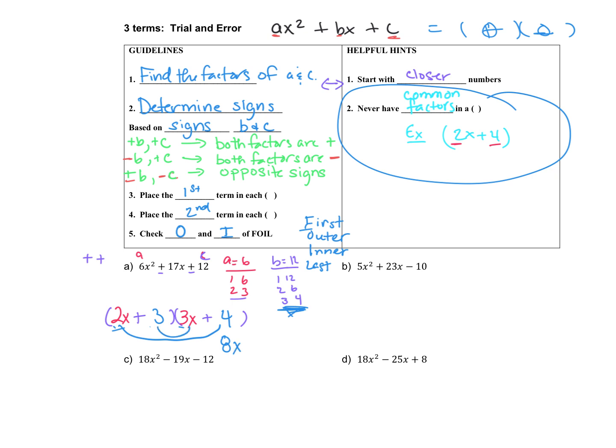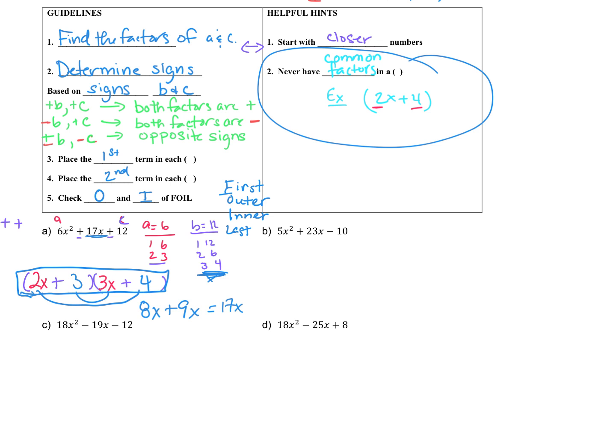Multiply the inner, add that to here, we get 9x. So 8x plus 9x is 17x. And since it's this middle term here, I know I have the right answer. I factored correctly.